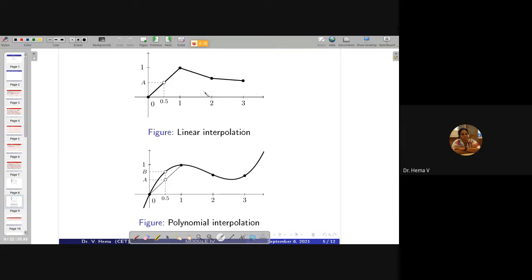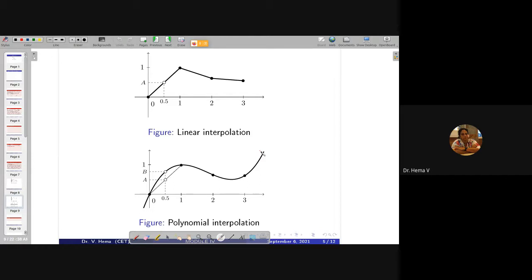Look at the second figure here. Here the data are connected by smooth curves. You can connect these by curves freehand. So it is called polynomial interpolation. When the data points are connected by curves, you can say it is a polynomial interpolation. So you got the difference between linear interpolation and polynomial interpolation, isn't it?